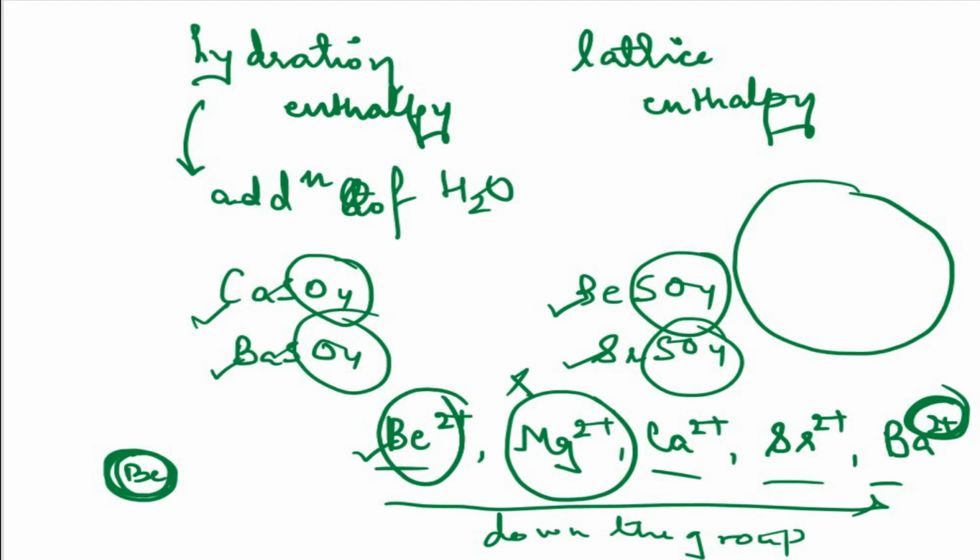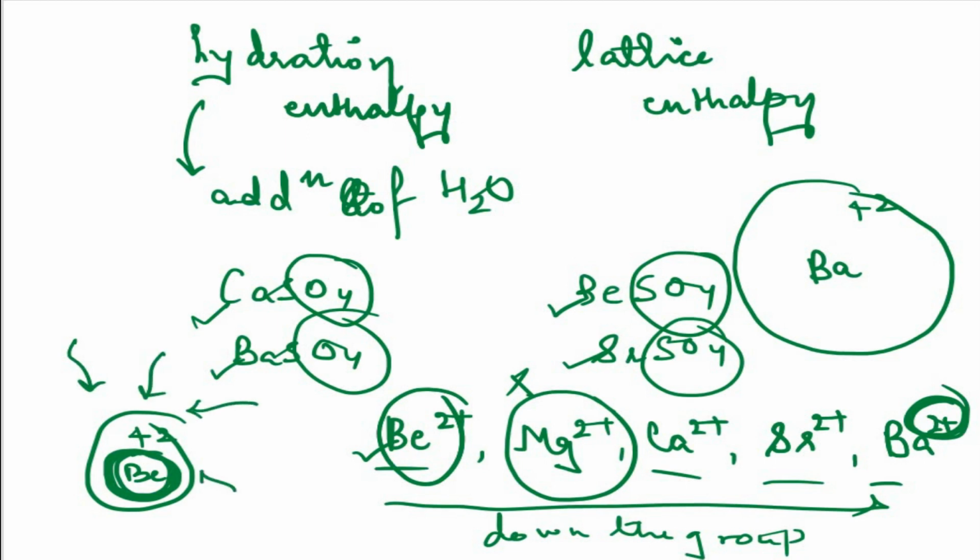So the charge will be dissipated over a greater area. In case of barium, you are not going to get the effect of the charge very much as compared to beryllium. If its size is small and it has a good amount of charge located in it, it can attract the water molecules very easily when dissolved in water because of its high charge density.